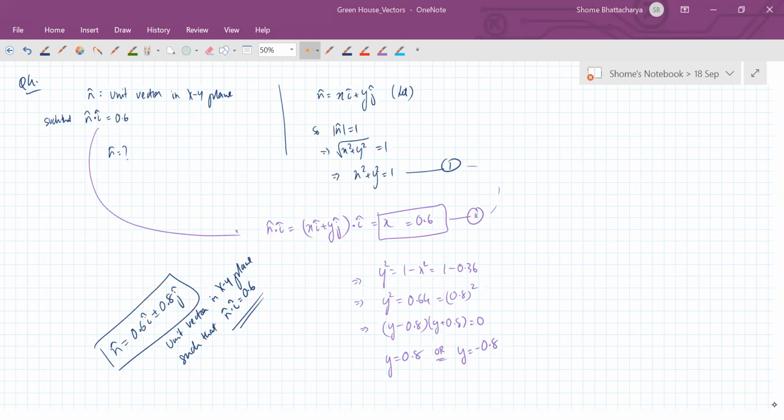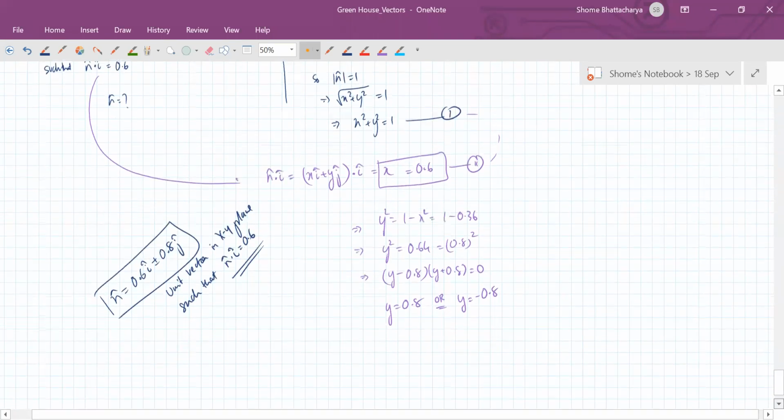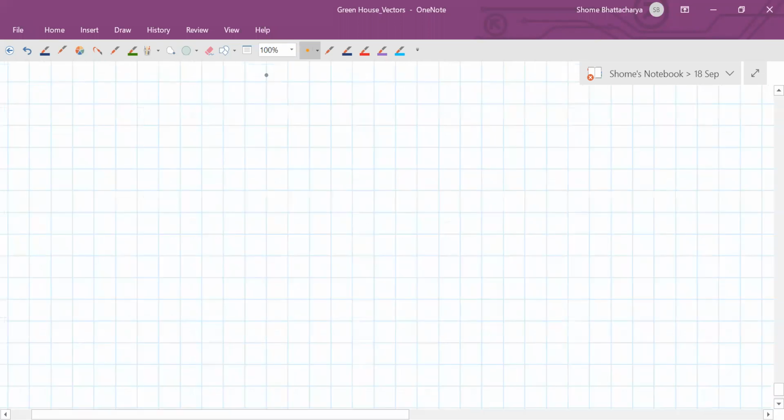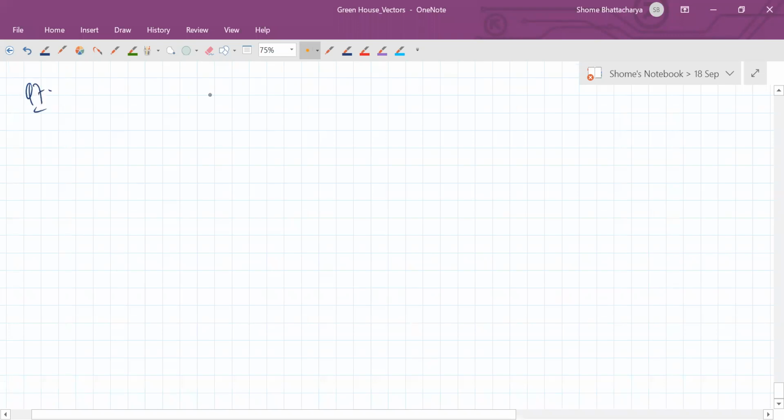Okay, so question 7, you have to just use that concept that the cross product between two vectors is the area of the parallelogram between them.